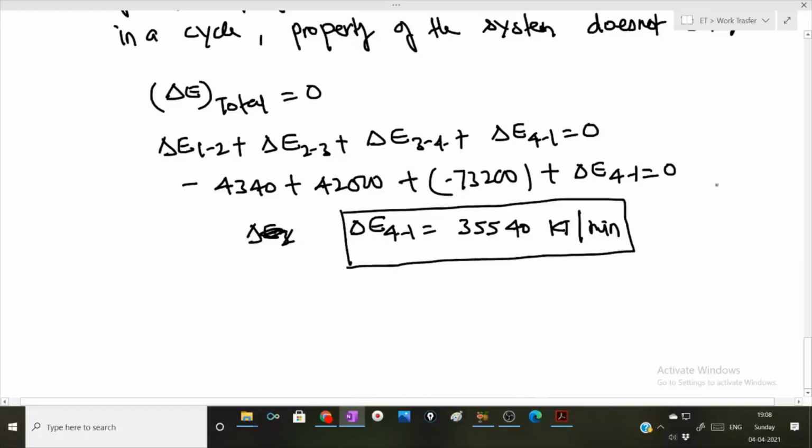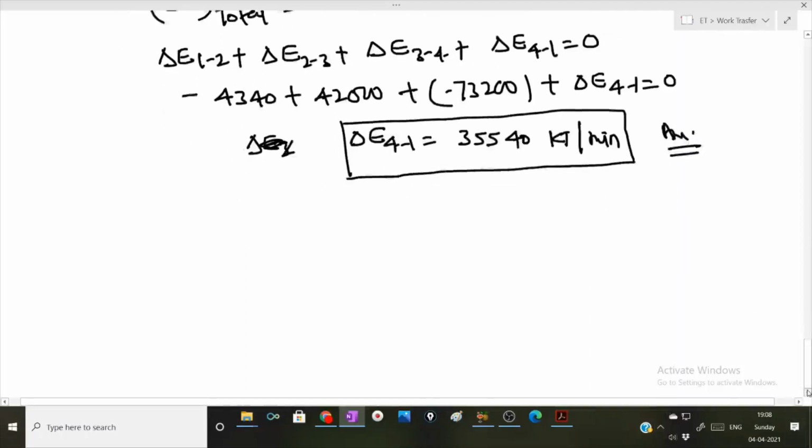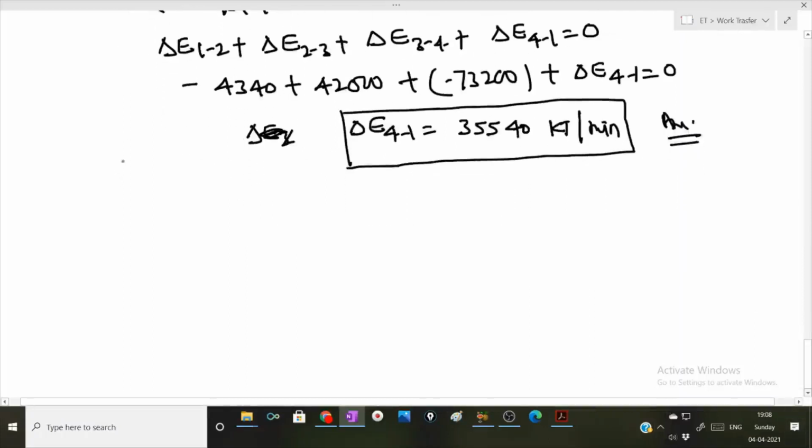So this will be the required answer for process 4 to 1. Now W41 remains to be calculated.